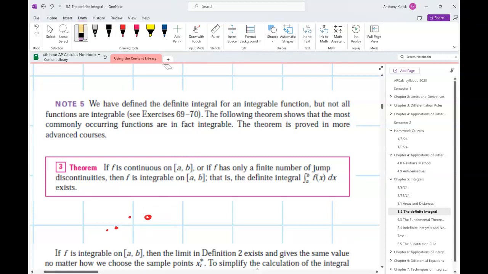So you've seen some stuff that has an infinite number of jump discontinuities, but the closed interval part is the part that matters, right? We haven't ever seen that. In 69 and 70, I can't remember which one it was, you'll see an example of a function where that's the case. And that's the thing to recognize.